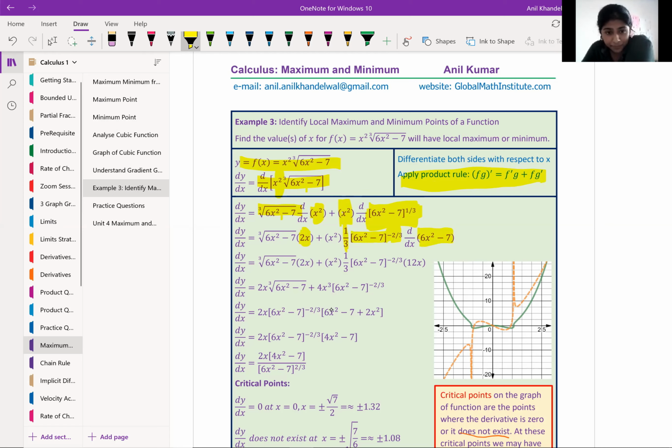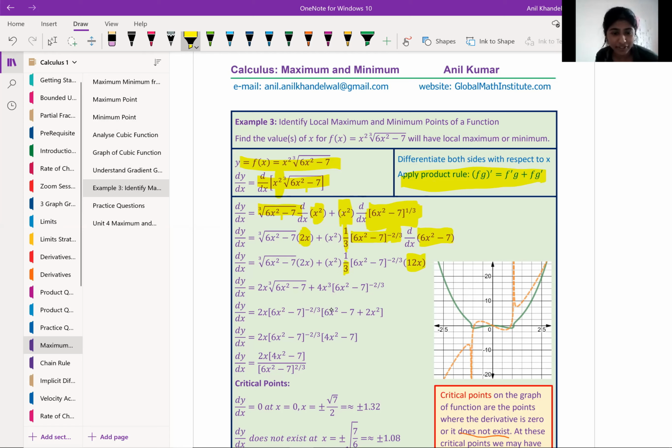Correct. Then you rewrite the first two parts, the 2x, add x squared to the third, 6x squared minus 7 to the minus 2/3, and then the derivative of 6x squared minus 7 is you do 6 times 2, which is 12. 12x to the power of 1 is just 12x. So that's that.